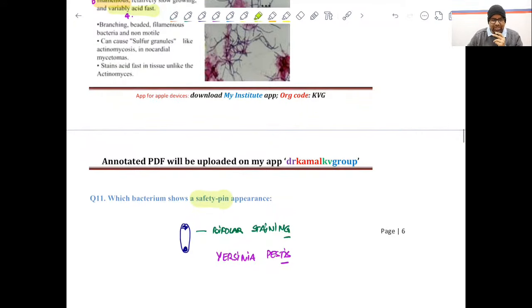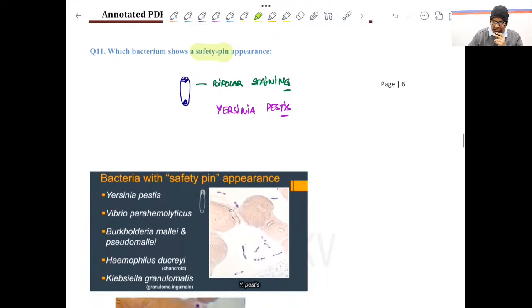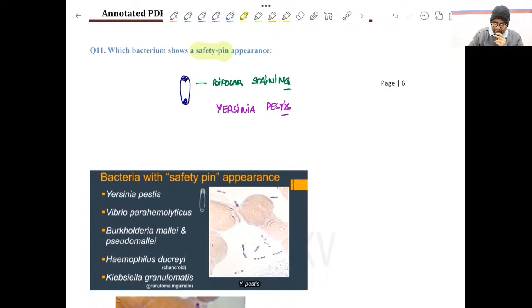Apart from Yersinia pestis, there are certain more bacterium which will show you this safety pin appearance. One is Vibrio parahaemolyticus, then Burkholderia mallei or pseudomallei, Haemophilus ducreyi, and Klebsiella granulomatis. Right? But the important one is Yersinia pestis.